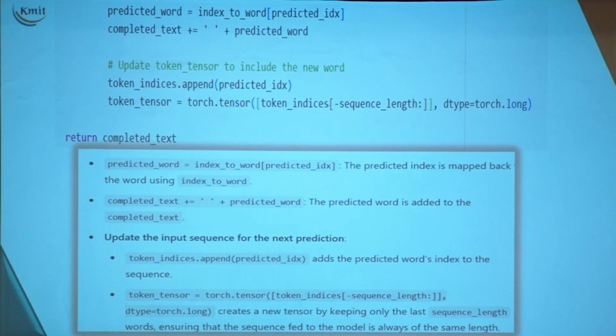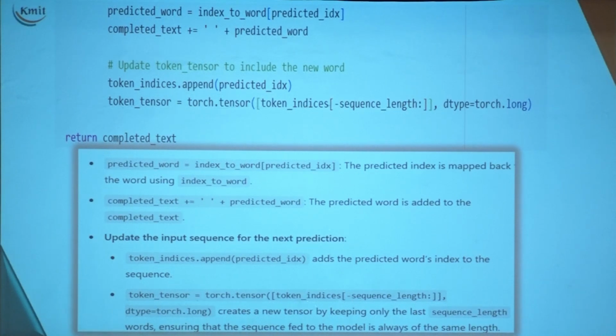So you can predict n number of words in the sequence. You have to fix it like this. Are you clear enough? So here you will be including the new word also by updating the token tensor like this, and then you will return the completed text. Fair enough? Yes or no?